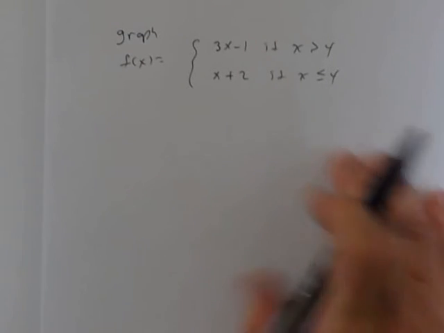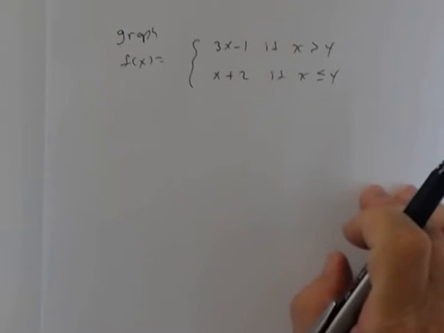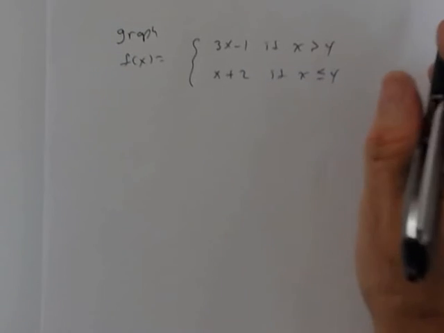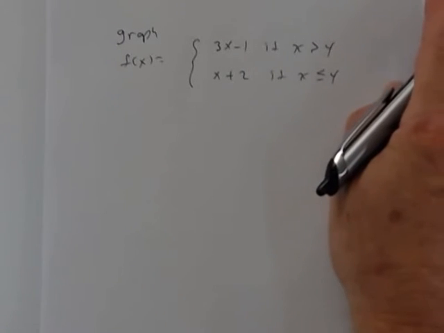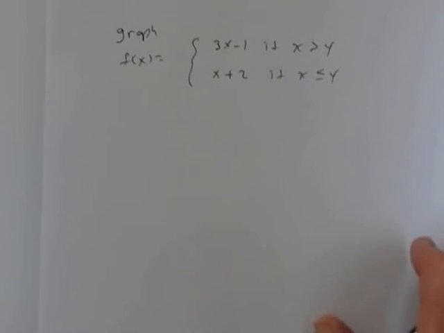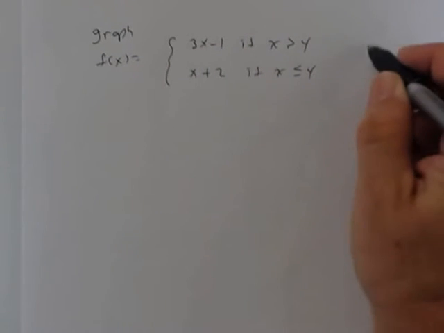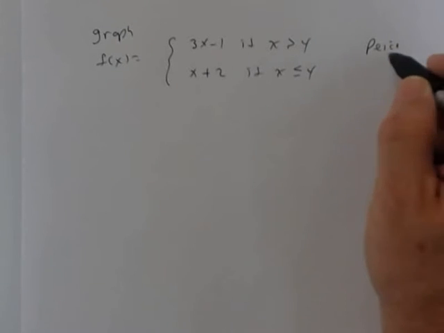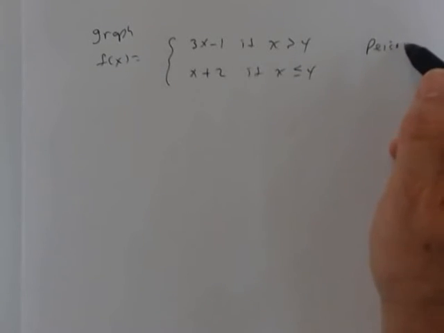So what kind of function is this? What do they call these functions? Piecewise. So you have to know your terminology. I don't know if all of you knew that. I know some of you did because you said it. These are piecewise functions. So you're going to graph them. I don't even know how to spell the word piece. Piecewise. Piecewise functions.